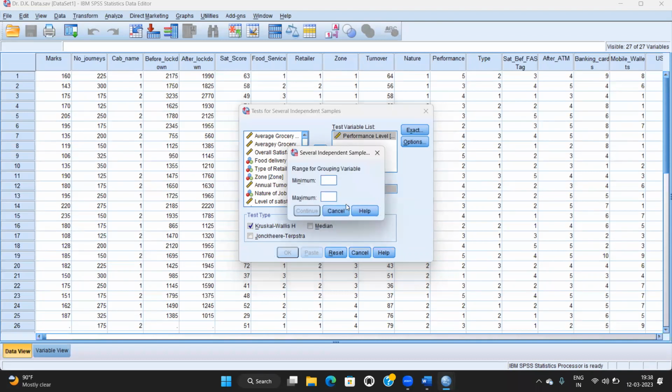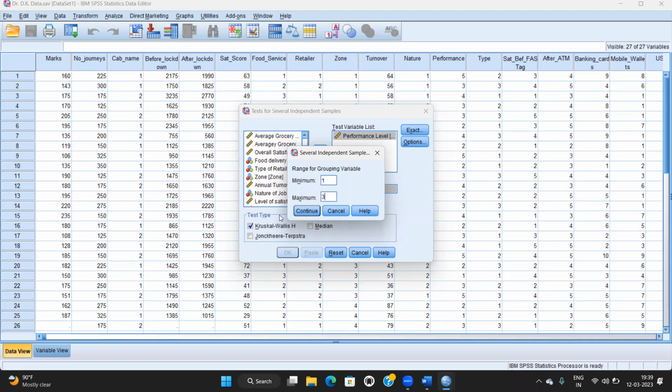If you select that, the sub window will appear like this: minimum, maximum. Earlier it was group 1, group 2 because there were only 2 groups. But here several independent samples are there. So what is minimum? What is maximum? How many samples are there? We have 3 samples, so minimum 1, maximum 3.